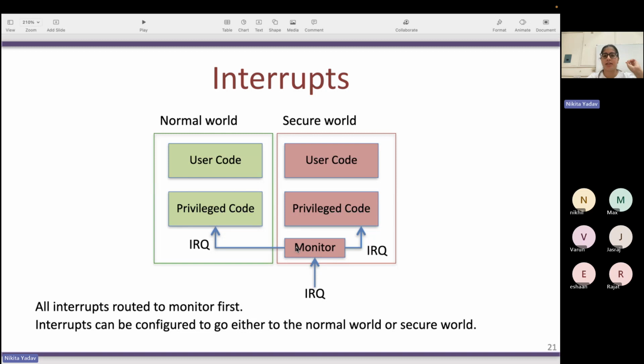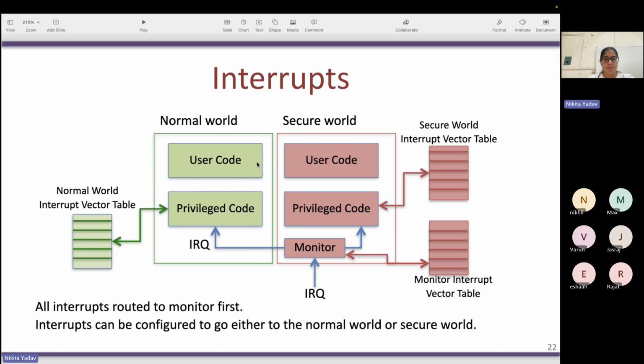Then it will look at the current value of the NS bit, save the context of the current world, restore the context of the other world, and then change the value of the NS bit. And that's how world switching works in ARM TrustZone. And of course, at a time, your processor runs in only one world, and your processor runs in a time-sliced manner between these two worlds.